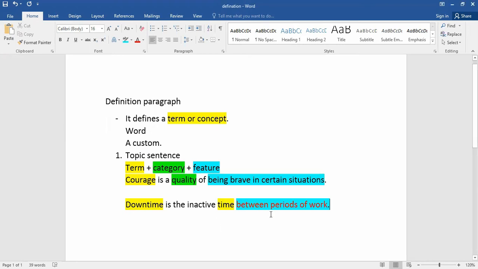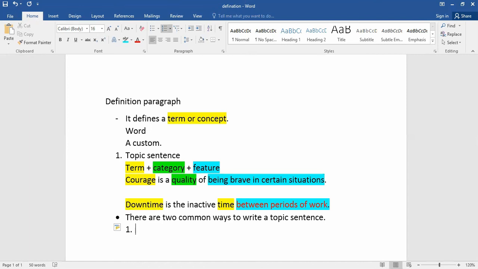There are two common ways to write a topic sentence. What is the first way?